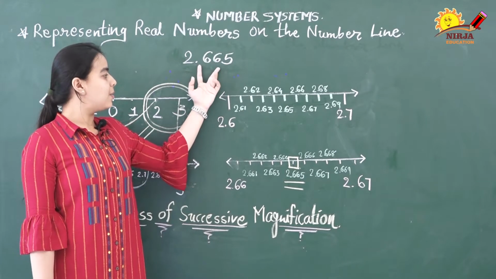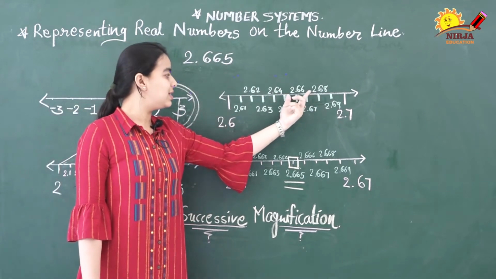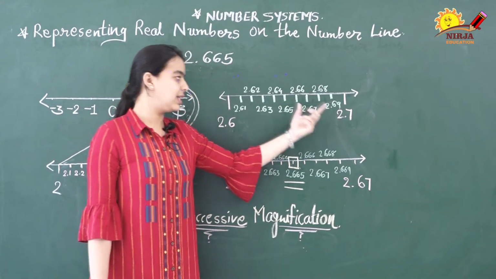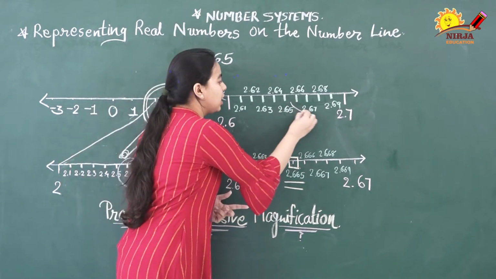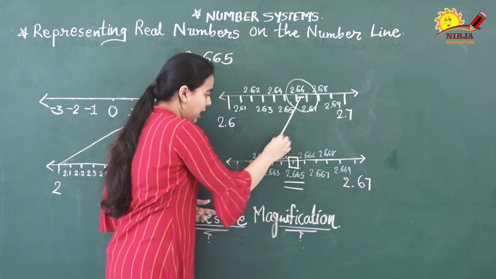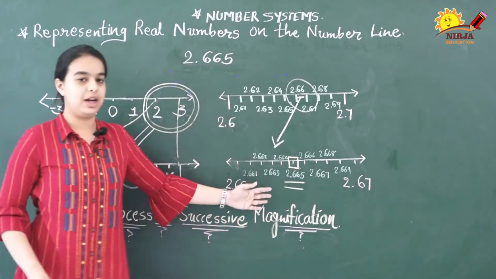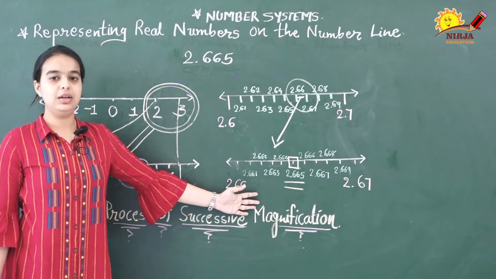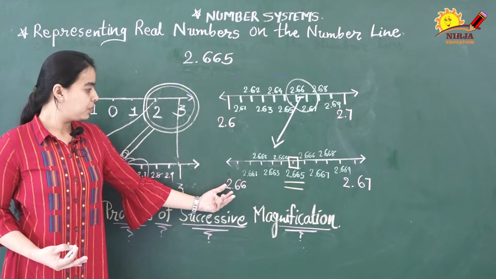Now again this number lies between 2.66 and 2.67 on the number line. Again take a closer look at this portion, and I have taken a separate number line for this so that we can understand more clearly.